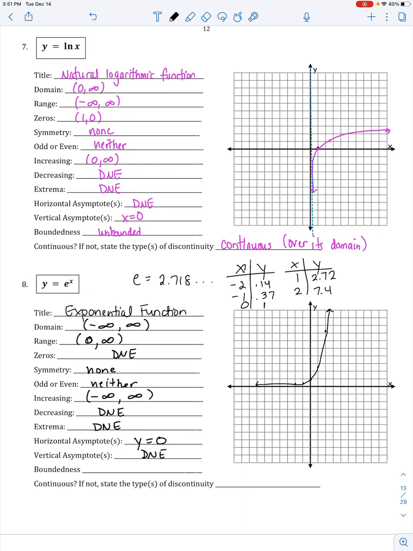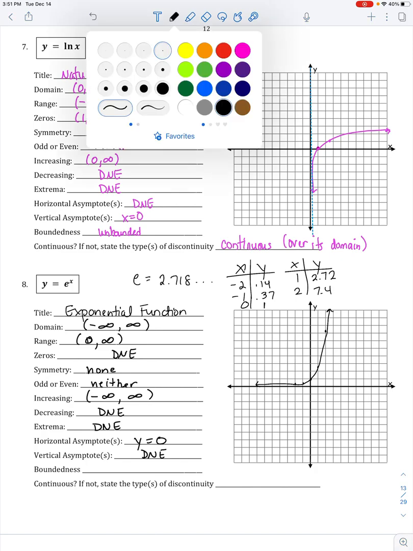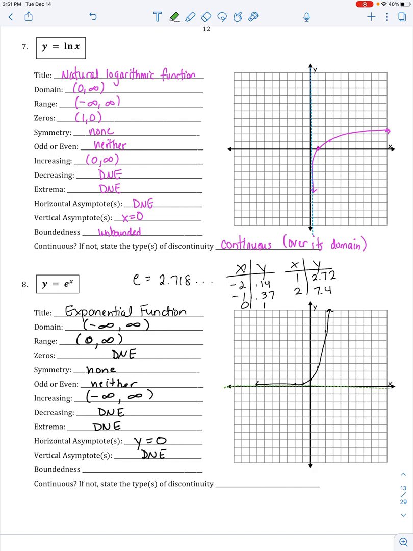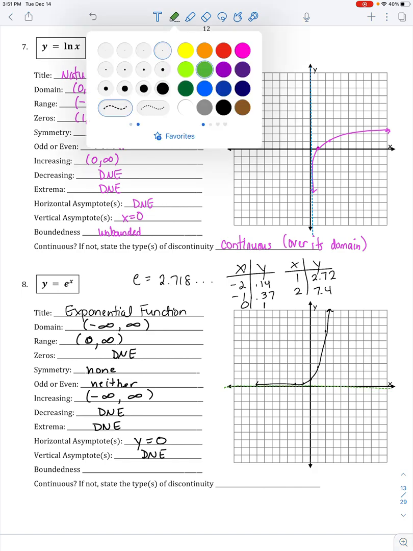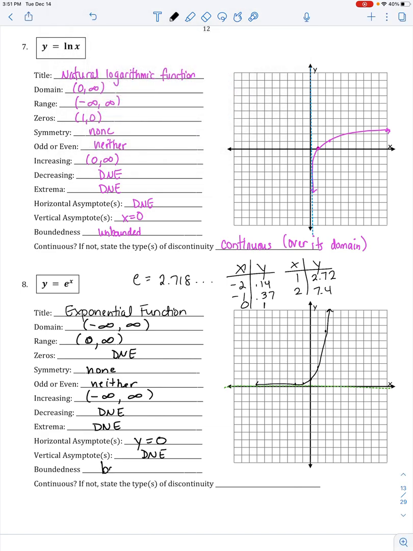And even though there's no minimum, it is bounded below because it never is going to hit the x-axis, but it's going to approach it. So there's an asymptote there, and that actually means it's bounded below. And it is continuous because there's no vertical asymptote or holes.